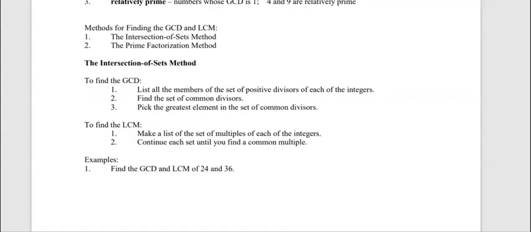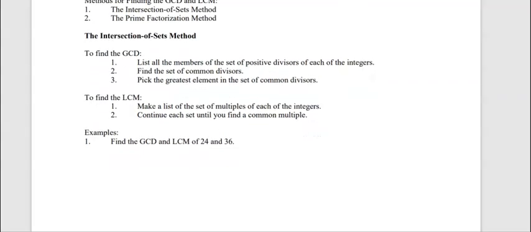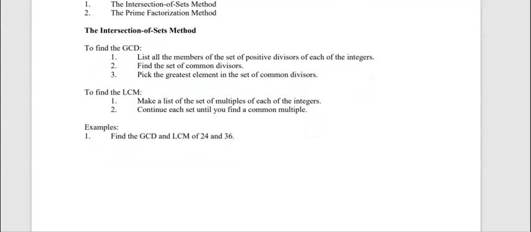To do the intersection of sets method, I've listed out the steps for you. To find the greatest common divisor of any two numbers, you will list all of the divisors of each separate number. Then you look at the sets of all of the common divisors, and identify the greatest divisor that is in both of those lists.